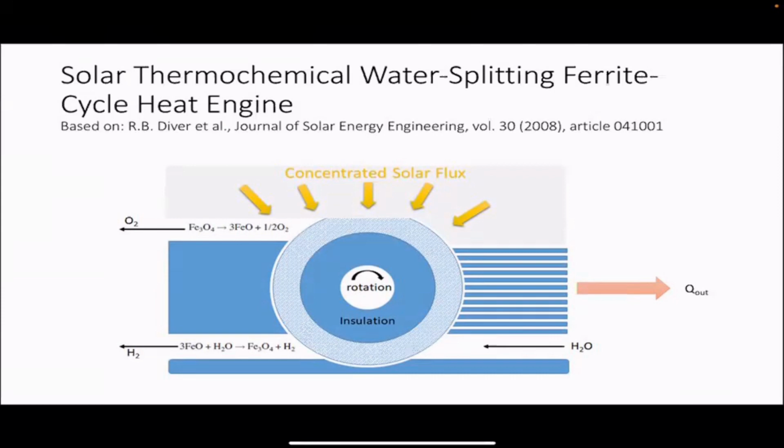Essentially, this oxide is thermally unstable. And so you want to use concentrated solar to increase the temperature. So you can heat it up and increase the temperature to the point where you completely decompose the magnetite phase to the wustite phase. So you go from Fe3O4 to FeO.